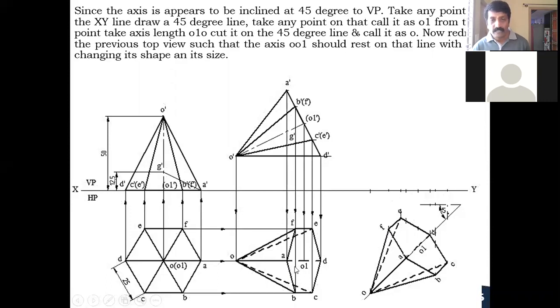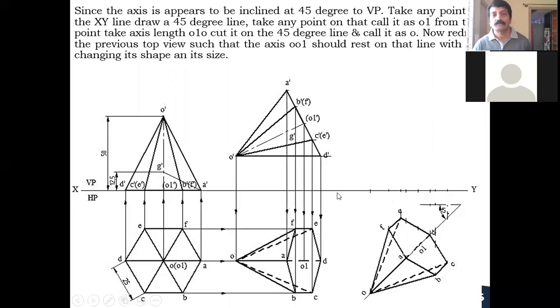From here to F it is the same, from this point to B the distance is the same, from this point to E the distance is the same, from this point to C the distance is the same. You take that distance and cut it on either side here, or use your own method to redraw it. So you are going to get all the points without changing anything, the shape as well as the size. So this completes the top view.